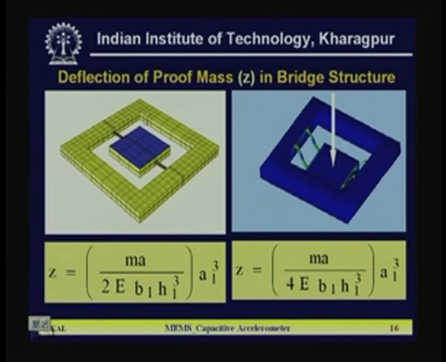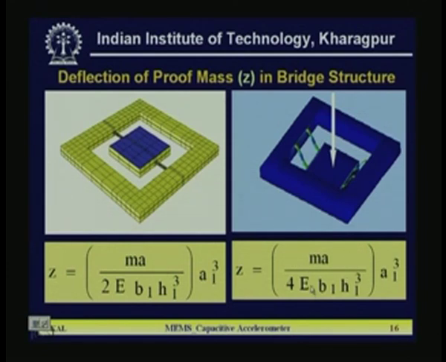So, there are different kinds of bridge structures available. In one case it is held by 2 flexures, and in the other case by 4 flexures, like the piezoresistive accelerometer. In both cases, the deflection of the proof mass, which is given by Z, is given by the simple relations shown here.